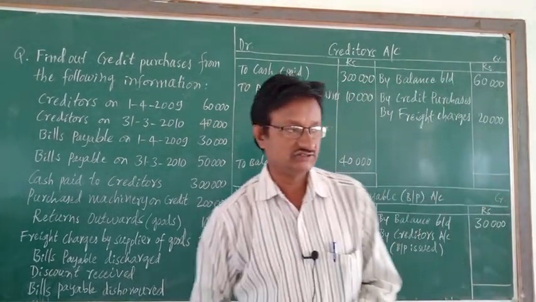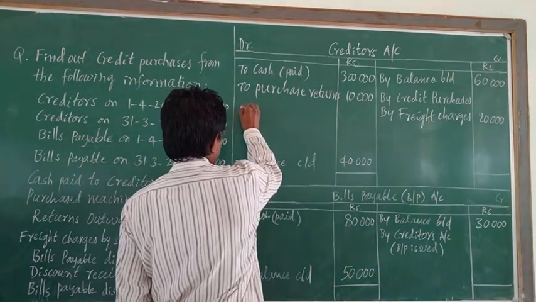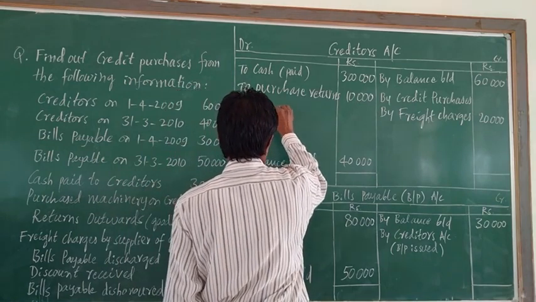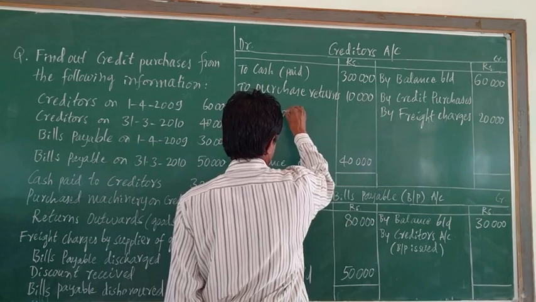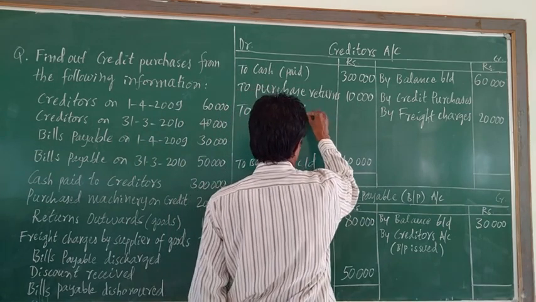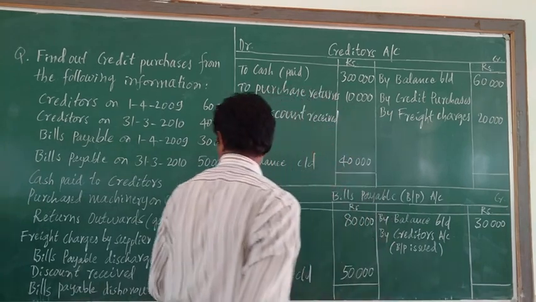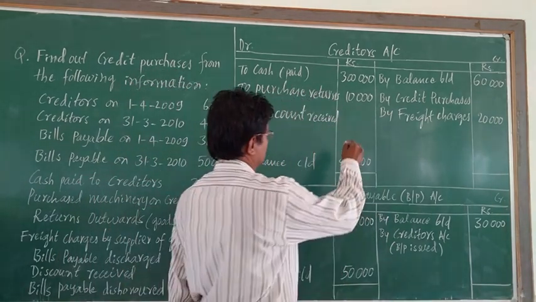Discount received is entered on the debit side of creditors account as to discount received or discount earned, 10,000.